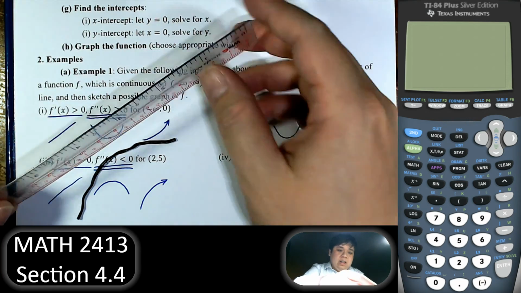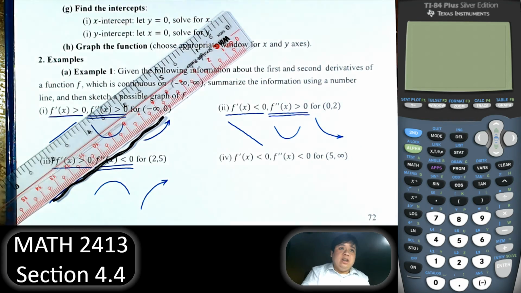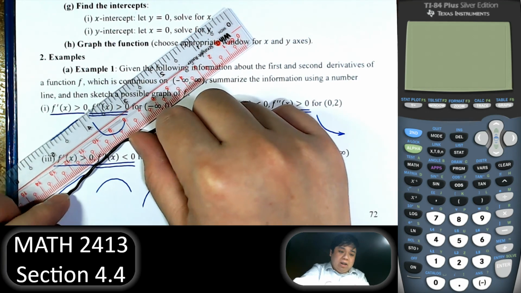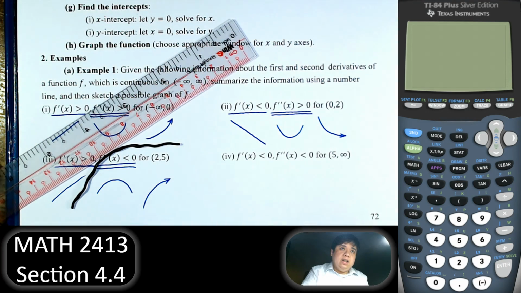Think about this: originally we have the tangent line and the function, and then we bend it so that the tangent line is above the graph, so it will be increasing but concave down.